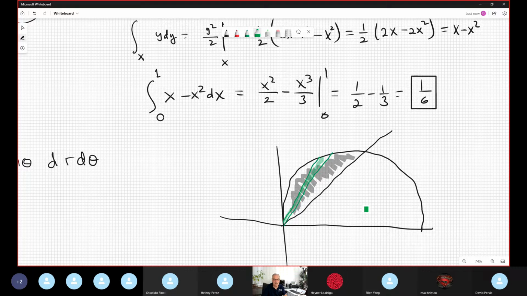This is my infinitesimal piece of area, but in polar. Remember, the infinitesimal piece in Cartesian is rectangular, no? dx, dy. However, my infinitesimal in polar looks a little bit curvy. This is d theta, and this is dr.